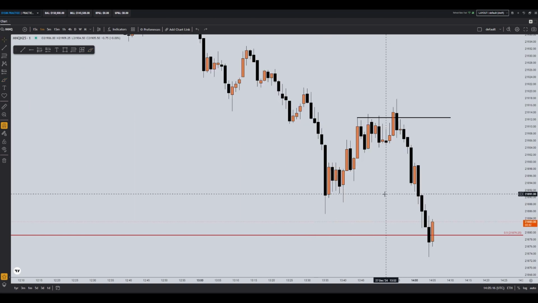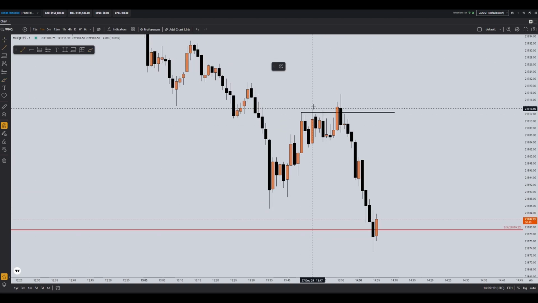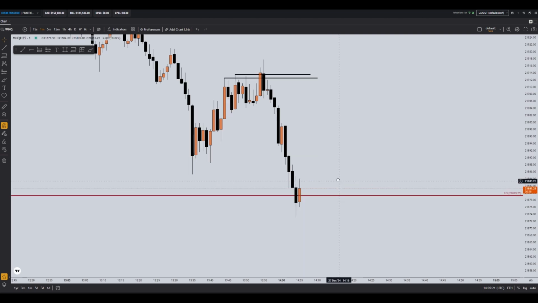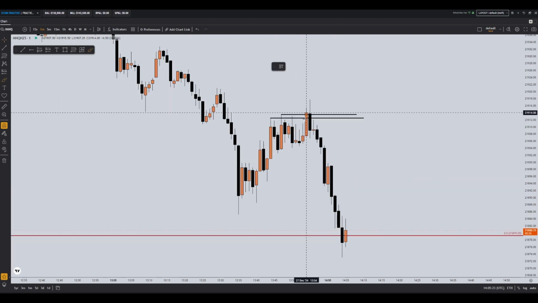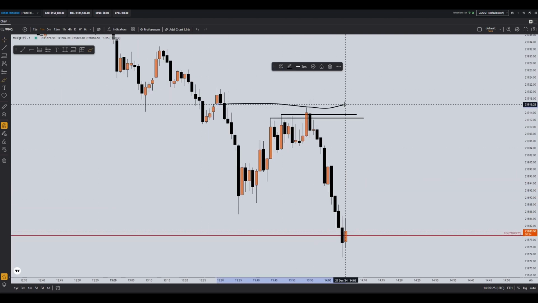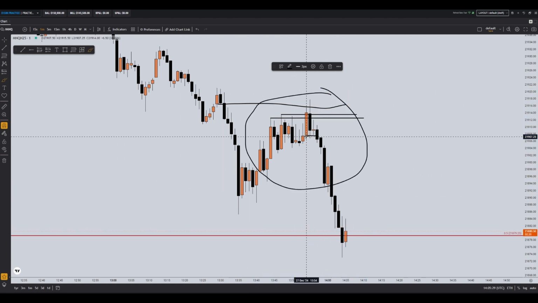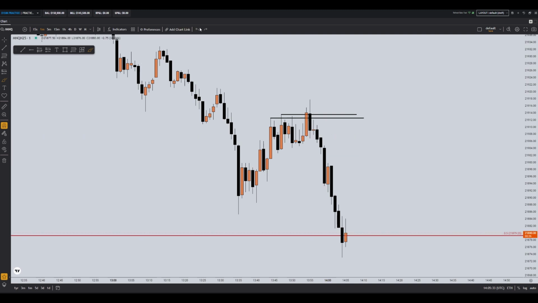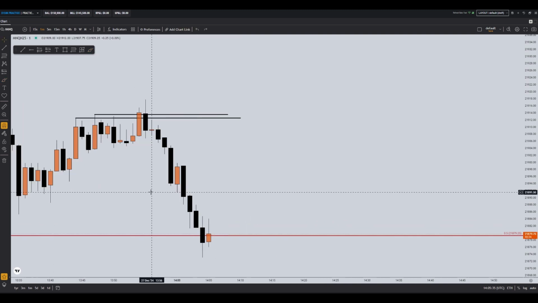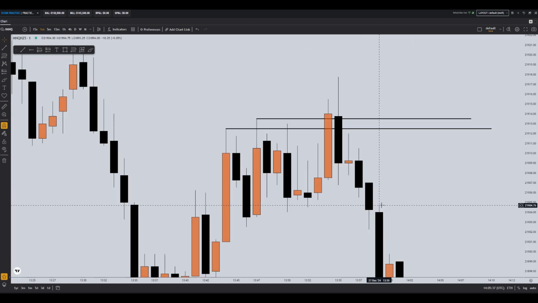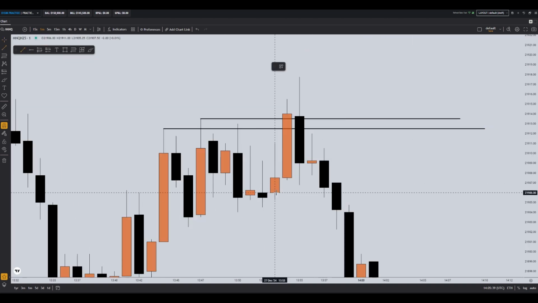So right here you swept, double sweep, and then you test into that order block, and then you gain this order block for this range. Once you gain that, you could have near enough got that straight away. As you can see in this black candle, we tested below that.